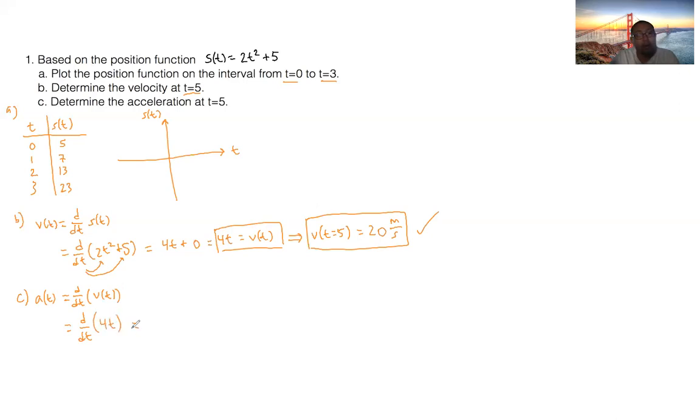Using the power rule, that's going to be 4, and the units of acceleration are going to be meters per second squared, okay? And that's going to be your acceleration function at t is equal to 5, and this is equivalent to your general acceleration function because the t was derived out, okay?